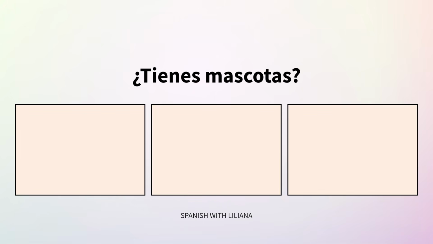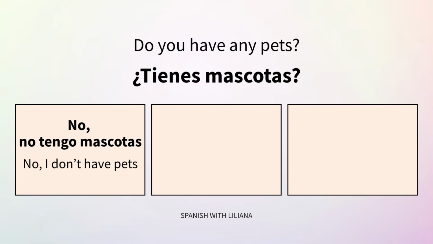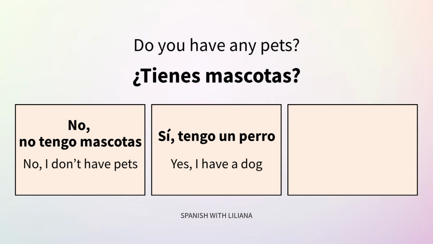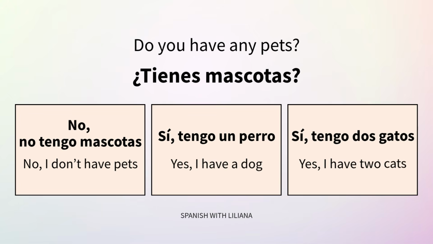What do you think it means? Do you have any pets? And again, we could say sí, no, no, no tengo mascotas. No, I don't have any pets. Sí, tengo un perro. Yes, I have a dog. Sí, tengo dos gatos. Yes, I have two cats.